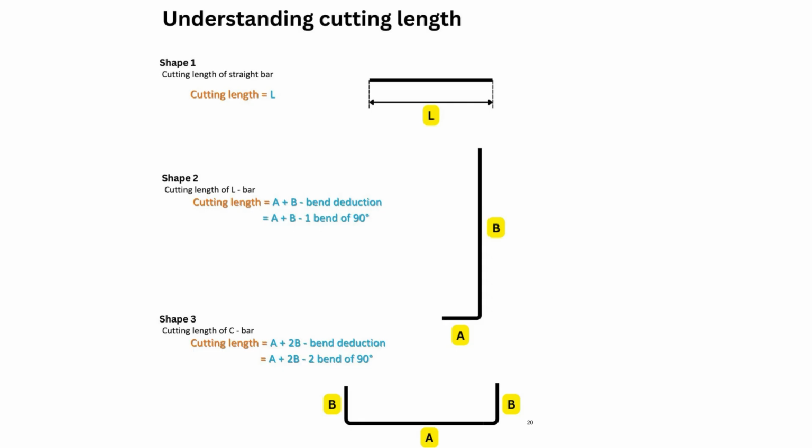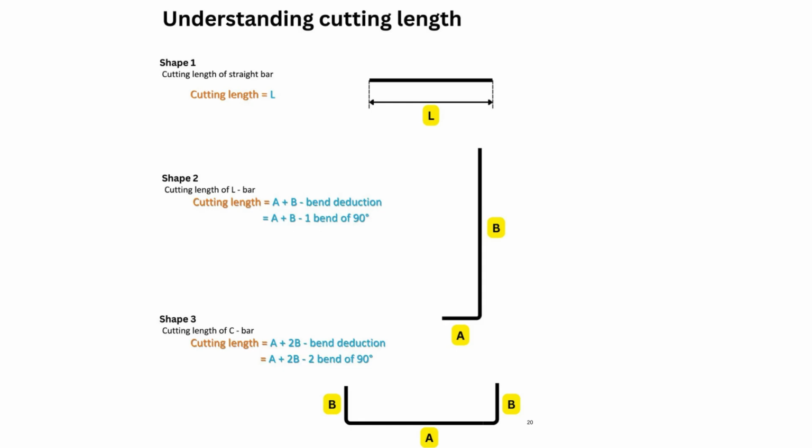Shape 3: cranked bar or Z-shaped bar. This shape has two 90 degrees bends, forming a crank or Z shape, commonly used in slab reinforcement. Cutting length equals A plus 2B, minus bend deductions. Since there are two 90 degrees bends, deduction equals 2 times d.